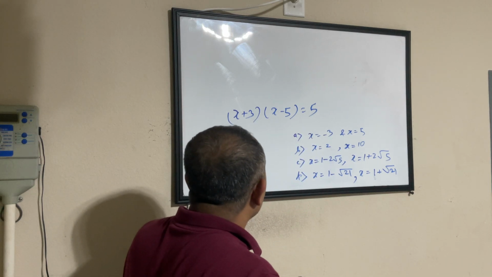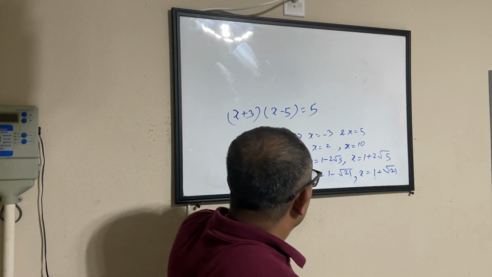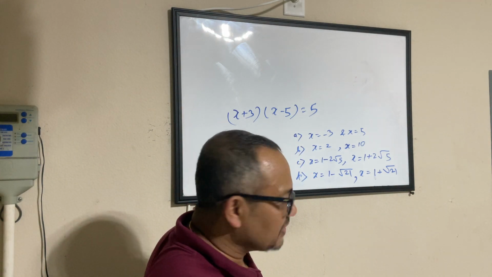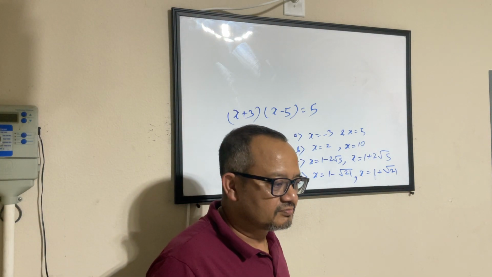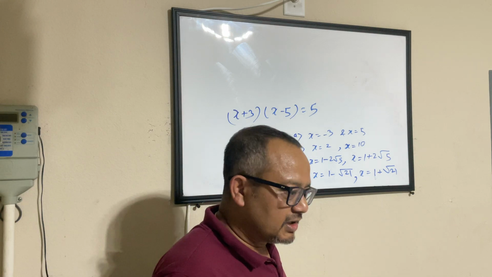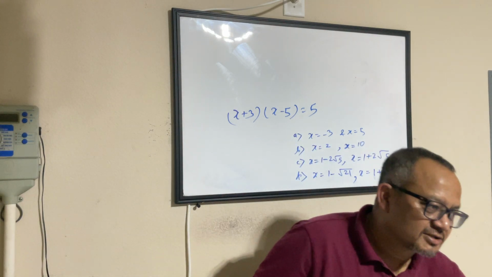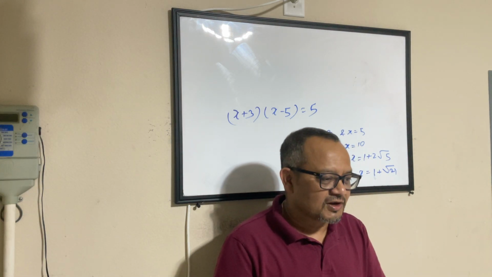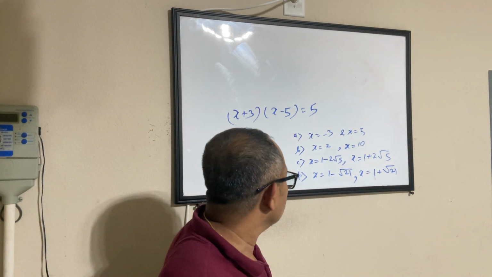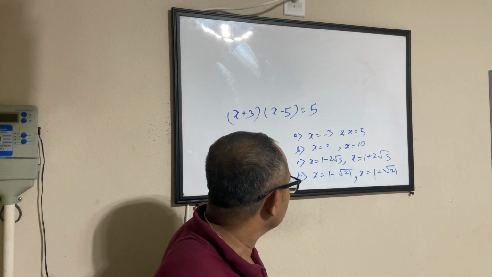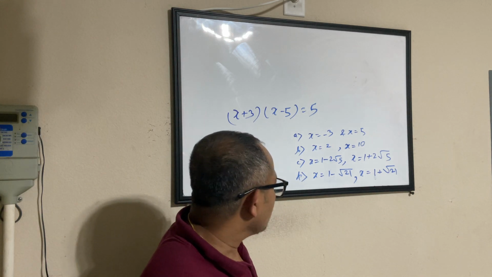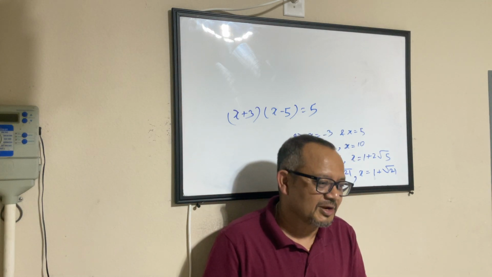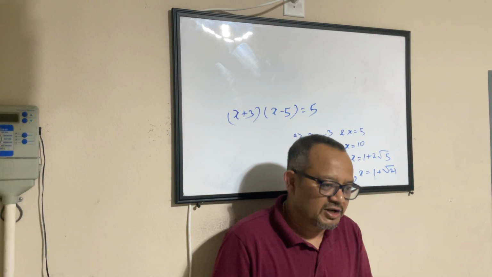I will not try solving it, but without putting a lot of effort to solve it, what is the option looking like for you guys? I just need 2 of the quick answers on the screen and one in the classroom, and then I'll try solving it. Yes, Vishal? I think it has to be one of C or D. One of C or D? No, unfortunately you will not have that option in the exam. You have to tell me either C or D, be it right or wrong.